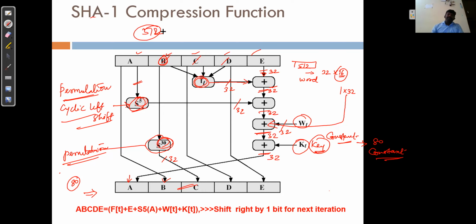It has to be repeated for as many 512-bit blocks of plain text as we have.